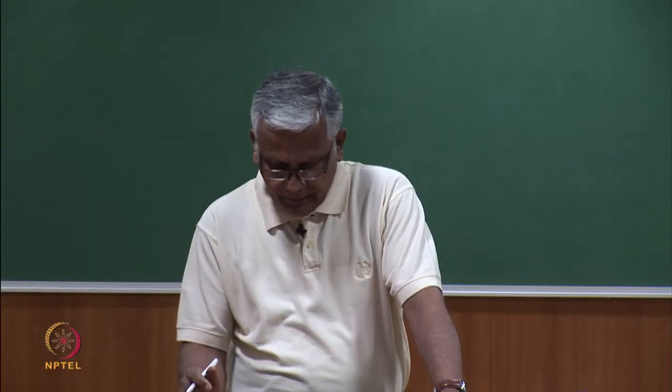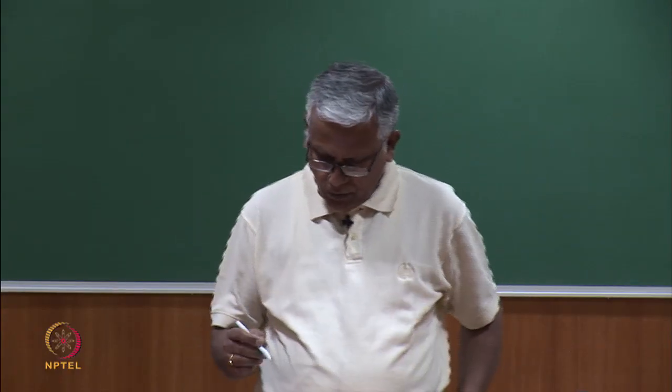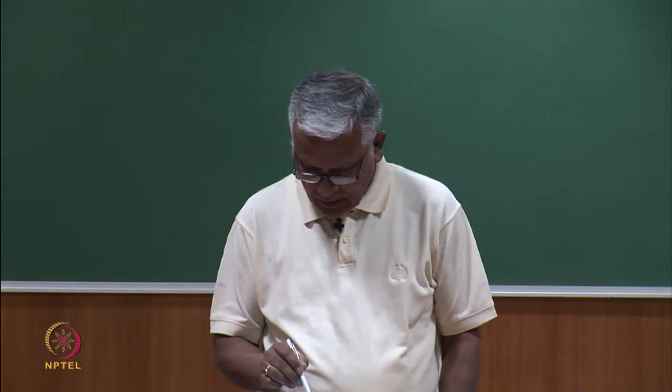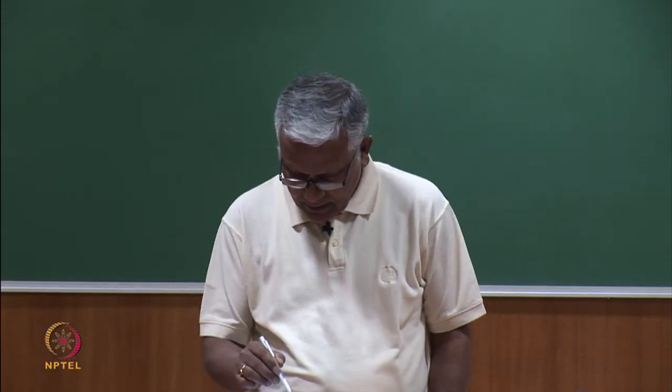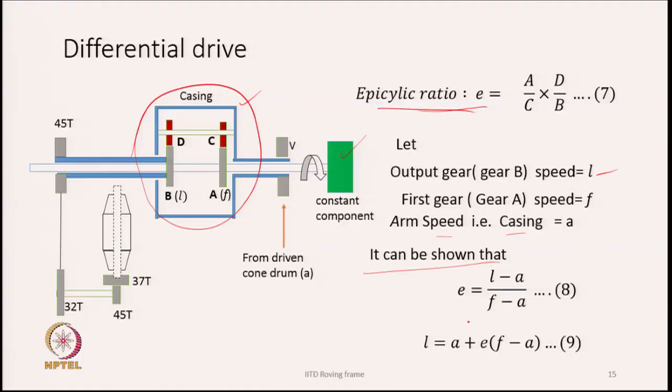And in this case, it can be shown that the epicyclic ratio is L minus A by F minus A. This proof we are not going to do in this particular lecture.